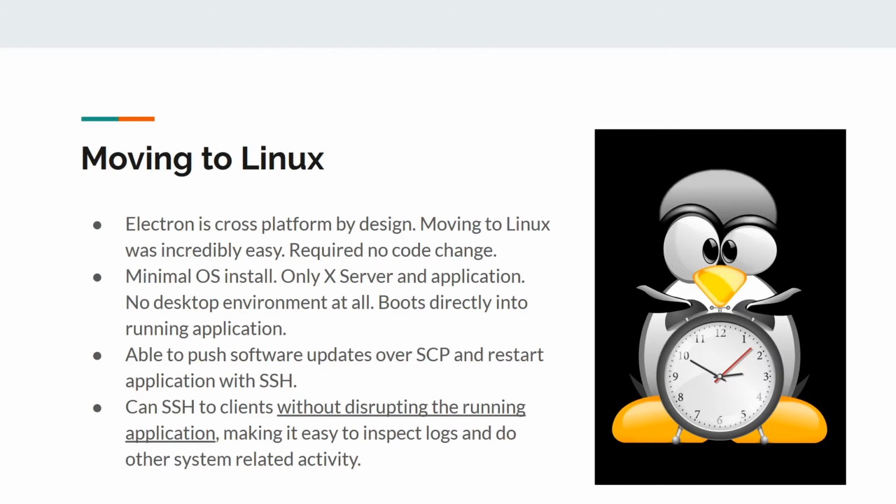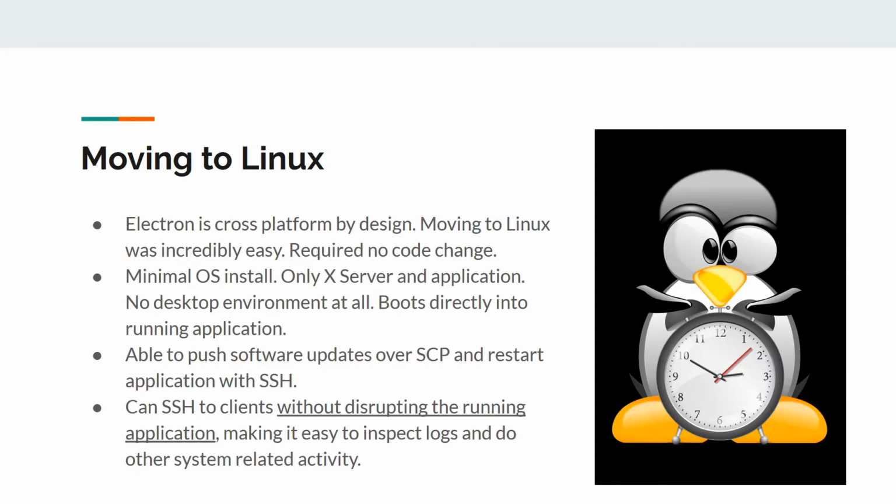And then I installed the X server without a desktop environment. So it's just minimal X11. And then that in turn boots up the application. So the application boots directly. And that's it. So I think the whole thing, including the operating system and the application, was running in 200 mega RAM or something like that.